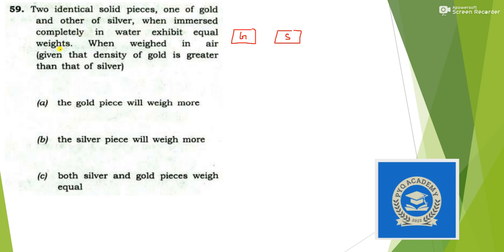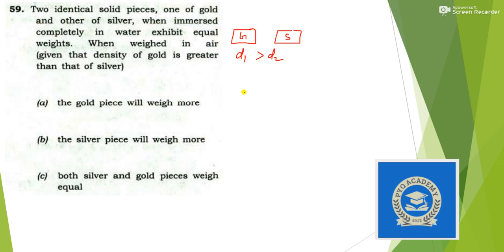They are completely immersed in water, and the weight in water of both pieces is the same. Now the question is asking what happens when you weigh both these pieces in air, given that the density of gold is greater than the density of silver. Okay, so we can solve this.